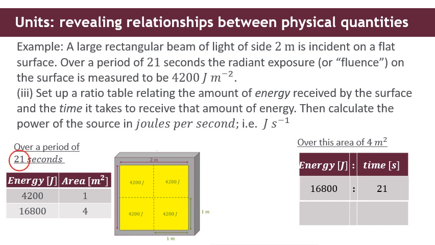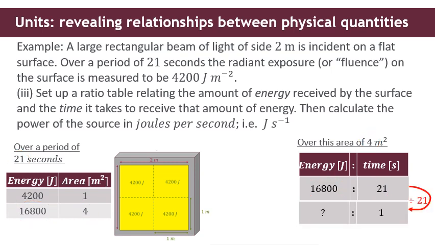Look over to the left-hand side. We're told that over a period of 21 seconds, 16,800 joules of light energy is transmitted to 4 square meters of area. Now, on the right-hand side, we're re-representing that in another way. Over an area of 4 square meters, 16,800 joules of light energy is transmitted over a time period of 21 seconds. To find the power, we want joules per second, joules per 1 second.